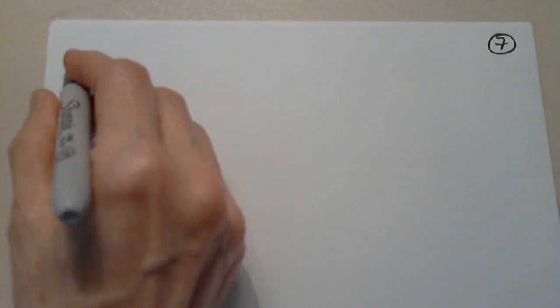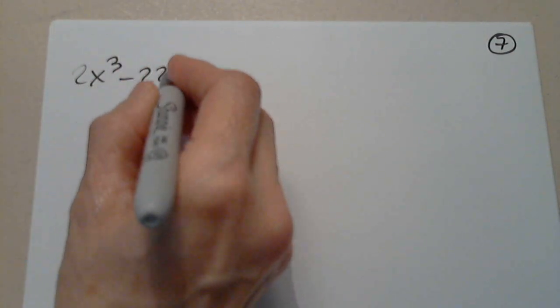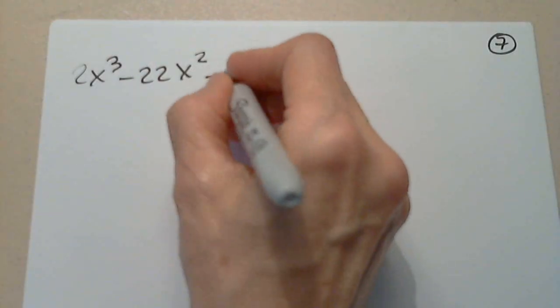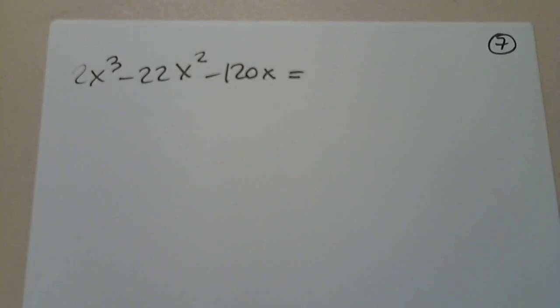In total, we have 2x to the third minus 22x squared minus 120x. Good. It's a trinomial. It's in descending order. Greatest common factor? Yes. So what is the greatest common factor here? 2x.